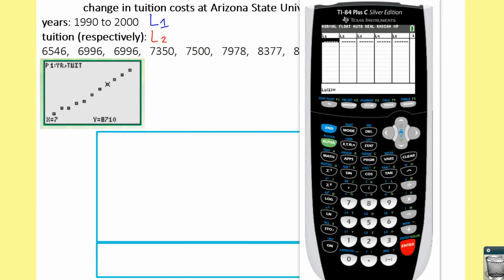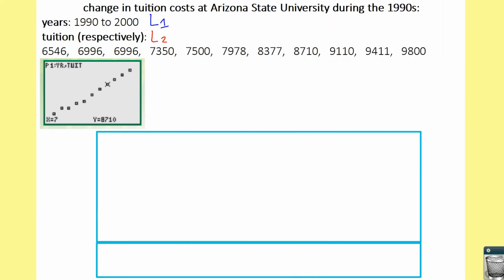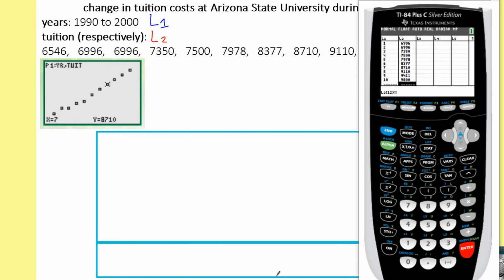I'm going to do what your textbook does: instead of dealing with big numbers, I'm going to start with 0 for 1990 and go up until 2000, so I need to go to 10. 1990 to 2000 is 11 data points, which is why we started with 0. Then type in the tuition data, making sure you get all of it inputted.